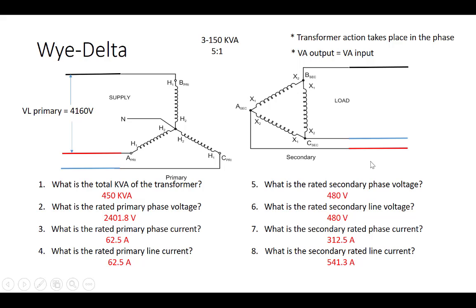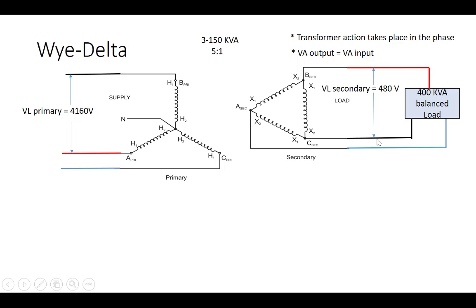Now we're going to add a load to this bank and find some values using a connected load. Now we have a load connected to this 3-phase bank. The bank is rated for 450 kVA, but we are connecting a 400 kVA balanced load on the secondary of this connection.